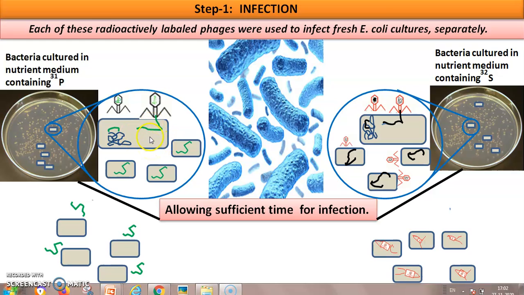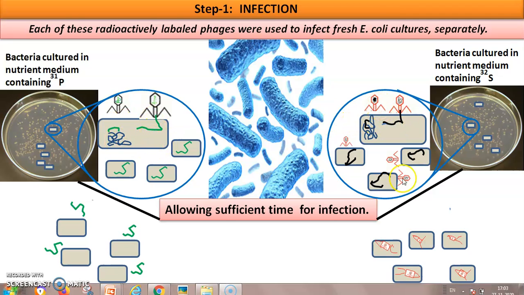That was the question. Was it the P32-containing DNA that went in, or did that P32 remain outside? This we had to check. It would be highlighted with radioactivity when checked. If it is outside, it will show radioactivity outside the bacterial cell. If it has entered the bacterial cells, they will show radioactivity.